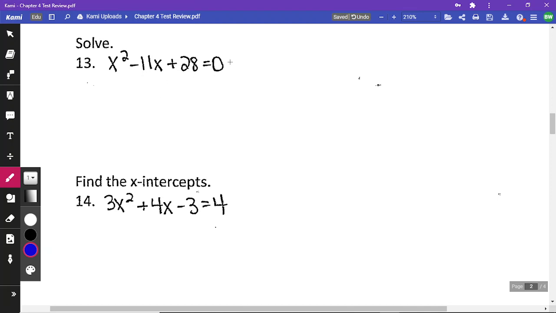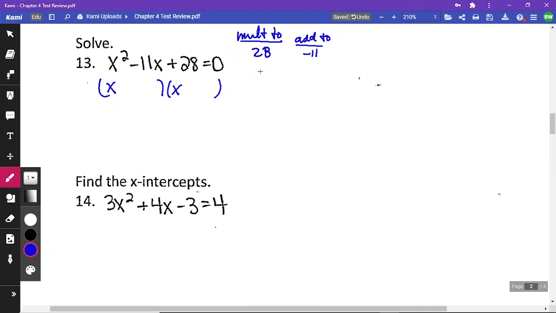But this one we need to factor. The numbers need to multiply to 28, and they have to add to negative 11. And so, again, this is one where a is 1. So we find our binomials and we're done. We can even start them out. It's going to be x and it's going to be x. And if we succeed in finding numbers that meet the criteria over here, then those are the numbers that go there.